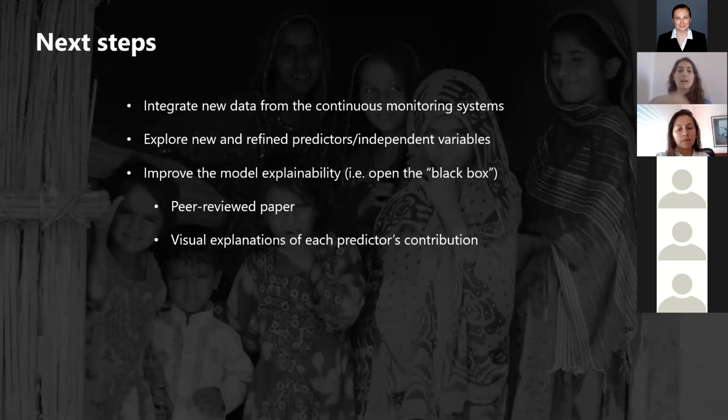Why am I seeing a predicted increase? Well, that's because, for example, inflation has gotten worse, or there's a drought or something like that. This is something we're working to integrate into the HungerMap, some sort of explainability of the model. And we're also working on a peer-reviewed paper to give it more scientific validity.